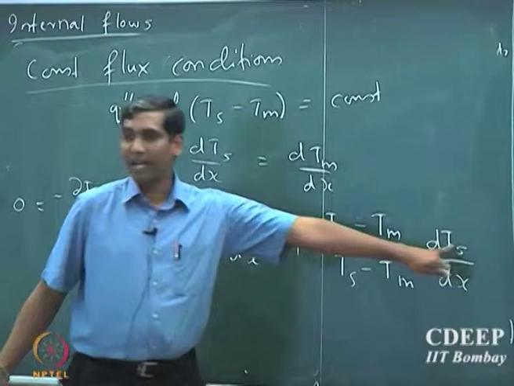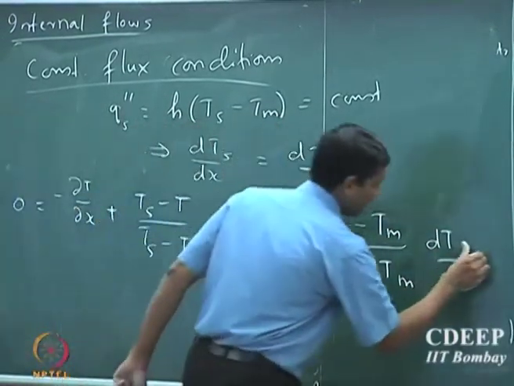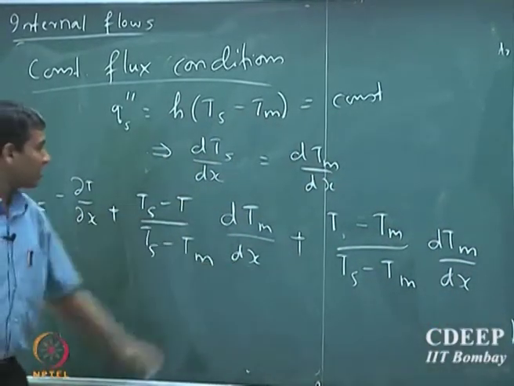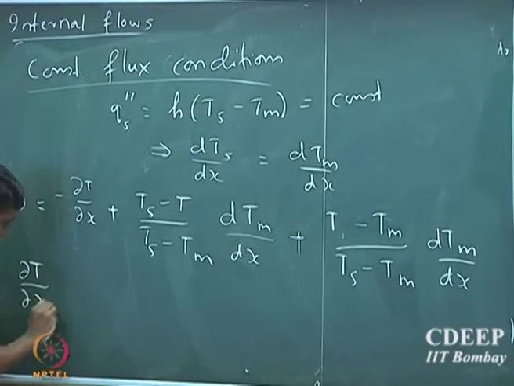Now I can replace dTs by dx with the gradient of the average temperature, that will be dTm by dx.